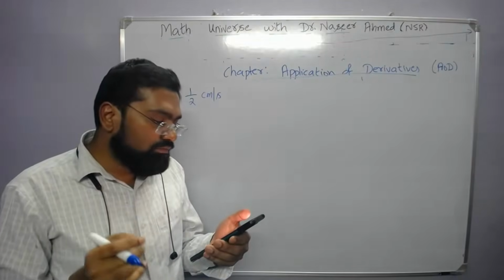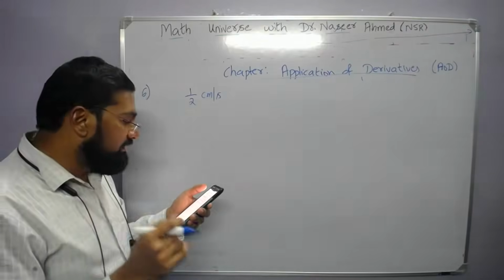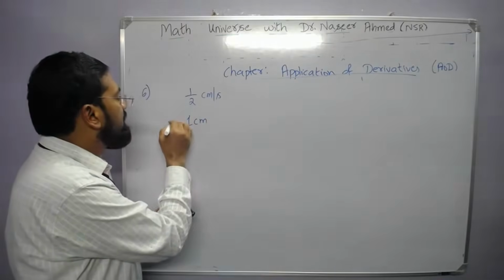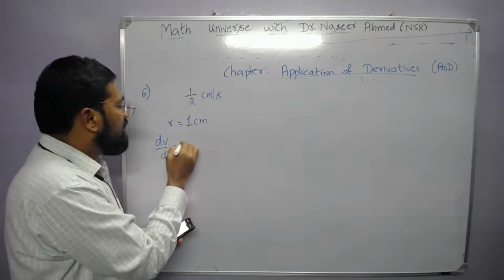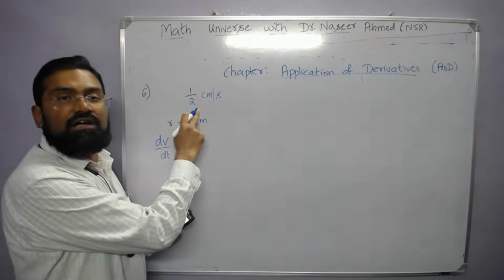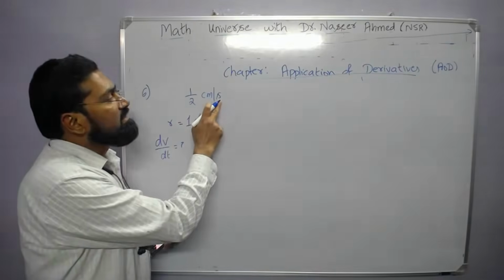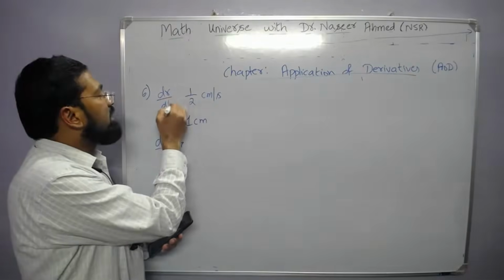Then the volume of the bubble is increasing when the radius is 1 centimeter. When the radius is 1 centimeter, I have to find the rate of change of the volume. And this is the rate of change of radius, they said. Since we have taken radius as r, and it is changing with respect to time, this will be the derivative of r with respect to time t.